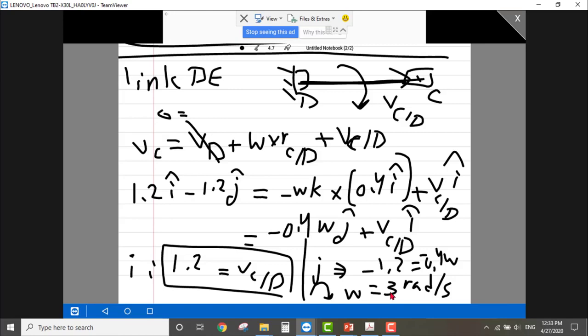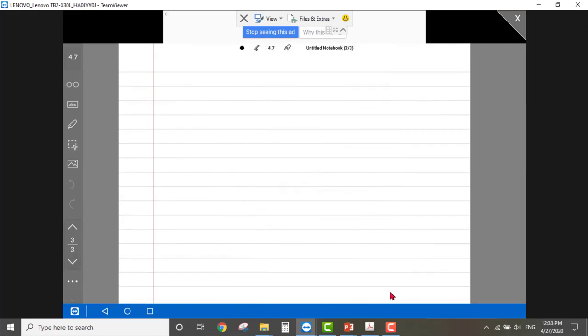Now let's move to the acceleration equation for this link, which is a little bit long.